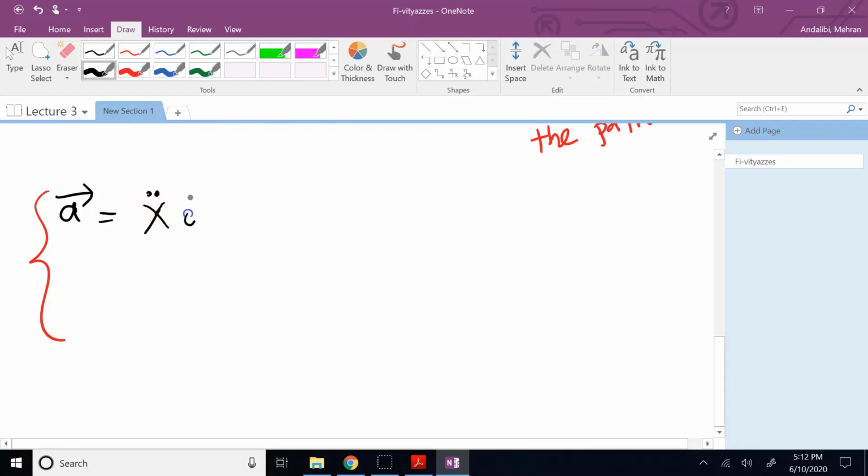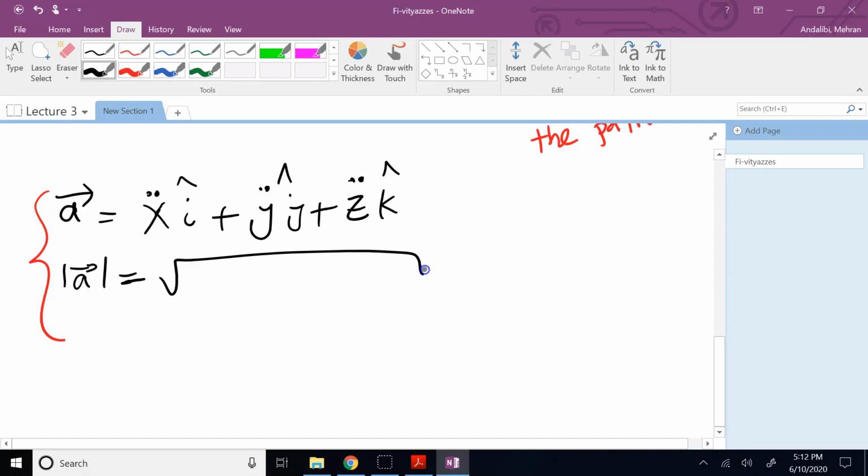Double dot means two time derivatives, right? Plus y double dot j plus z double dot k. Again, double dot means time derivative twice. And now magnitude of acceleration is going to be using the square root formula.